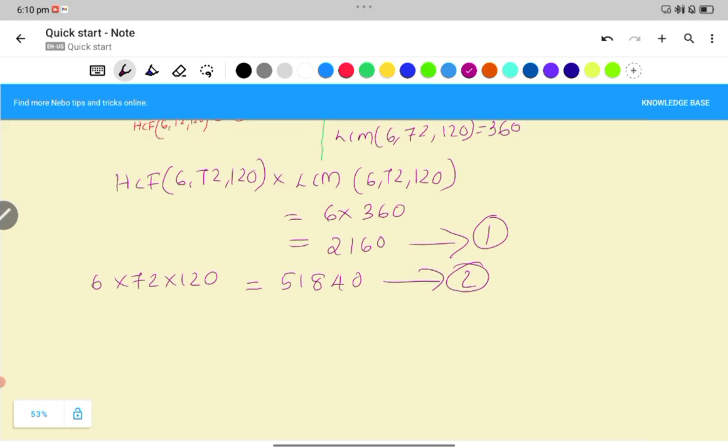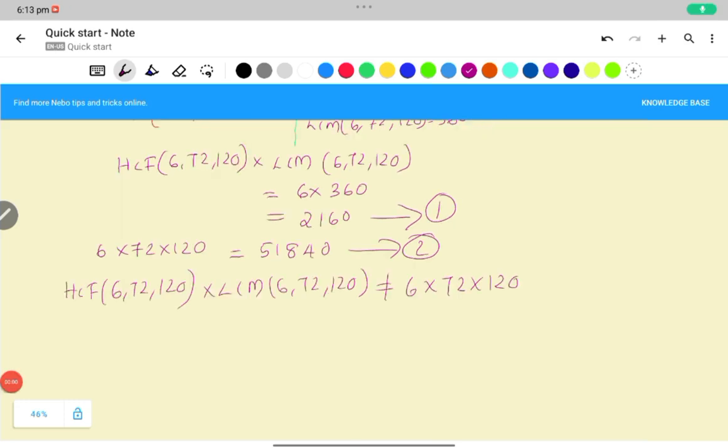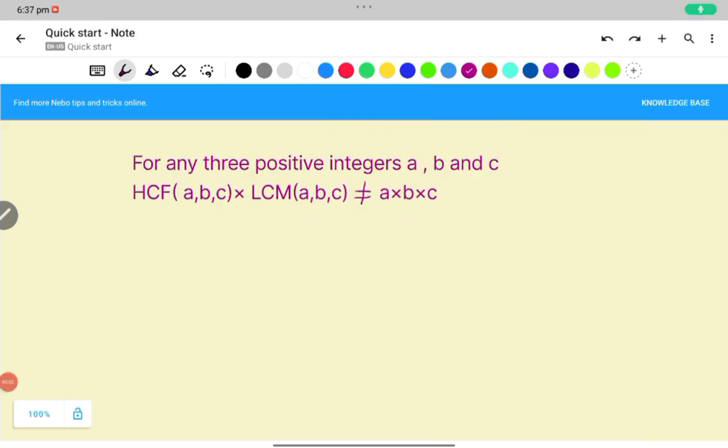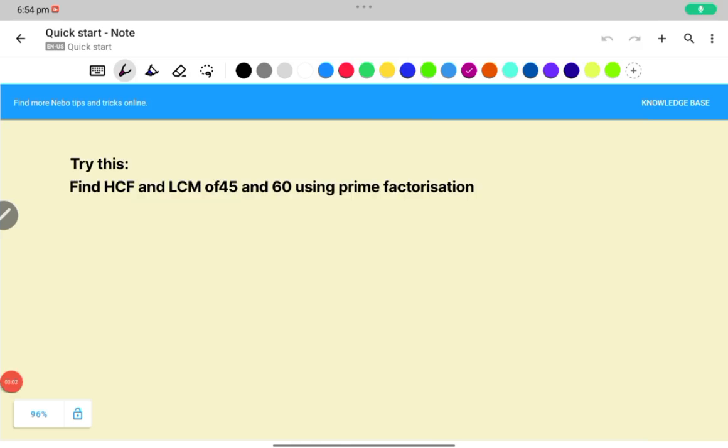So from this we can observe that for the positive integers 6, 72 and 120, HCF into LCM is not equal to 6 into 72 into 120. Product of three numbers is not equal to the product of their HCF and LCM. Generally, for any three positive integers a, b and c, HCF into LCM is not equal to a into b into c.